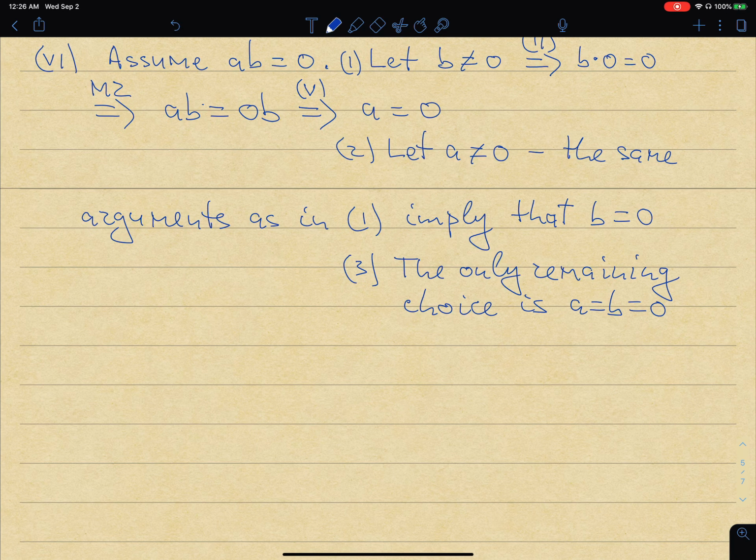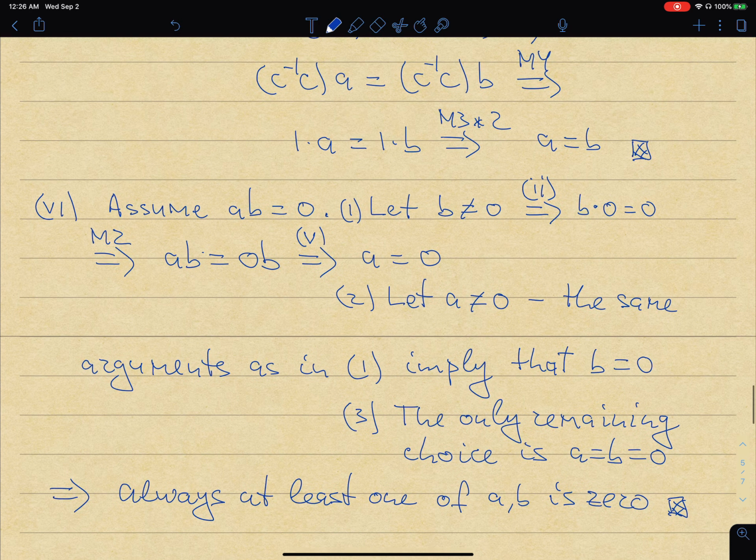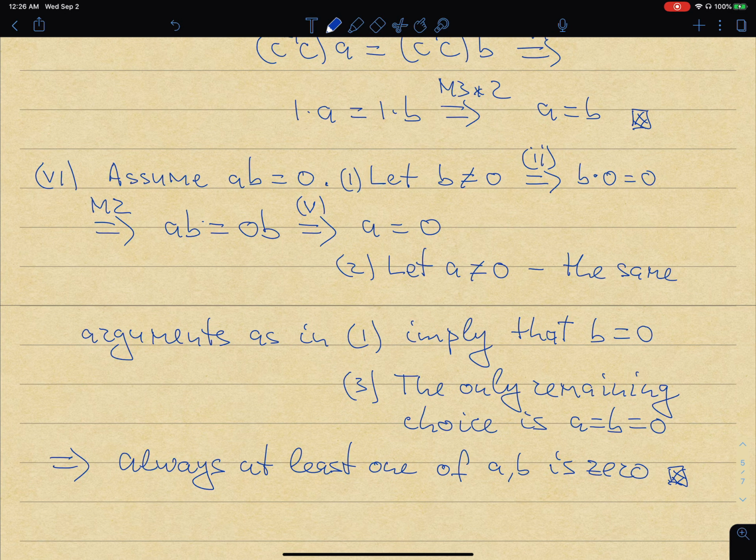And so then from this we conclude that always at least one of A, B is 0. And so we proved this statement. Okay, so I hope that you were able to follow this, and in the next part of this lecture, we will look at the property of ordering.